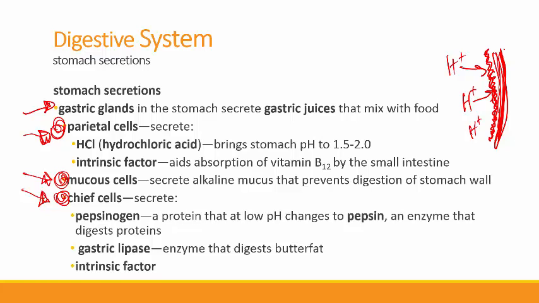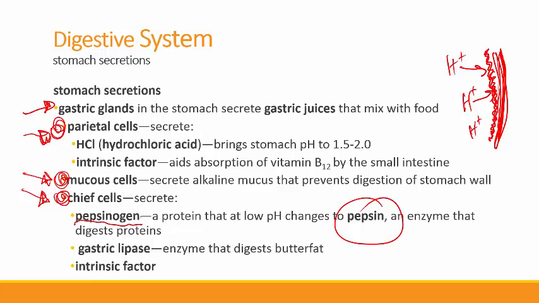The chief cells produce three materials: pepsinogen, gastric lipase, and intrinsic factor. Pepsinogen is not an active enzyme when it's made, but once it's secreted out into the stomach contents and comes in contact with the low pH fluids of the stomach, it denatures, it changes its shape, and becomes the active enzyme pepsin that will start protein digestion.